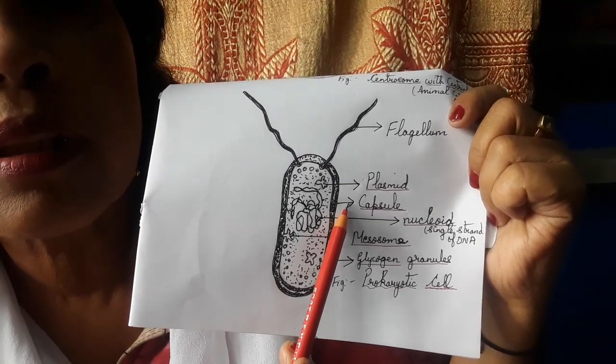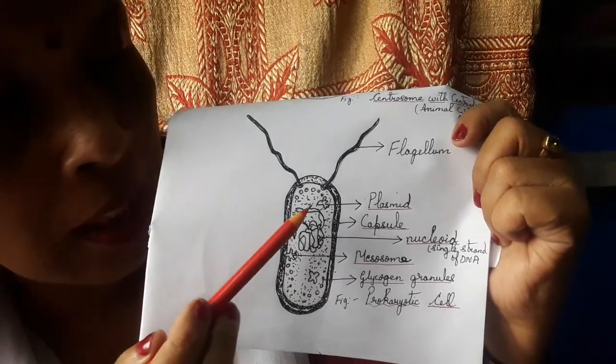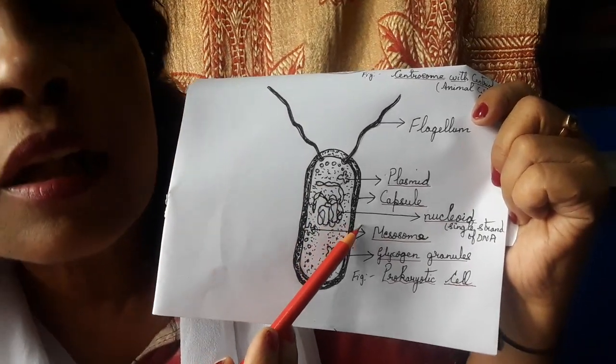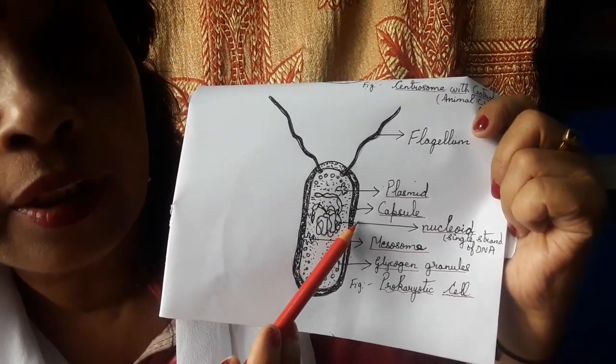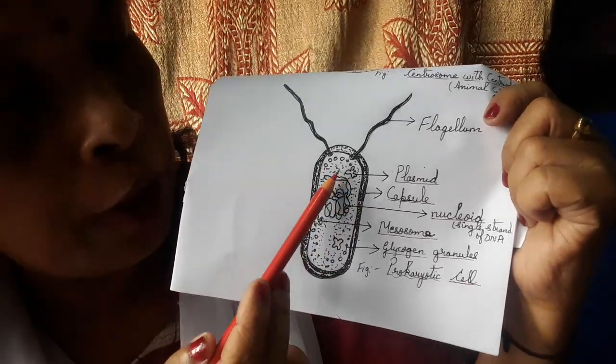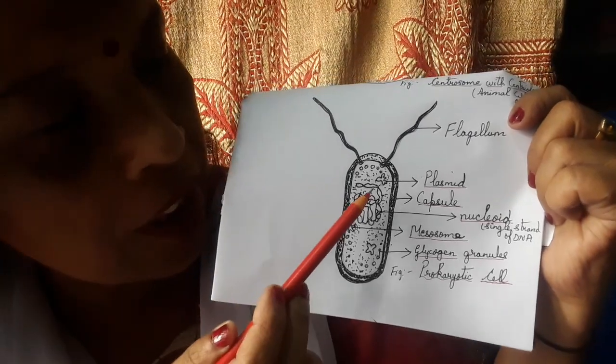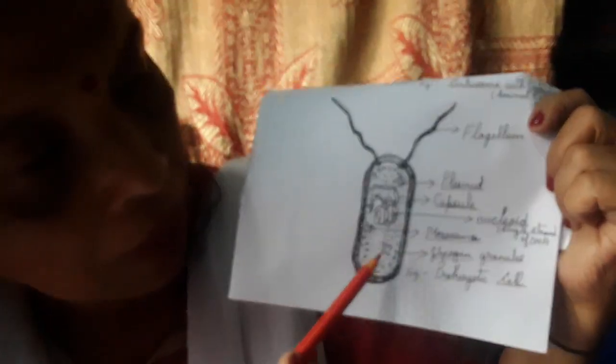What are plasmids? They are extrachromosomal DNA present along with the nucleoid. They are also involved in reproduction or exchange of genetic material.